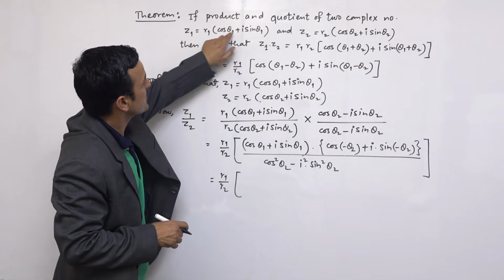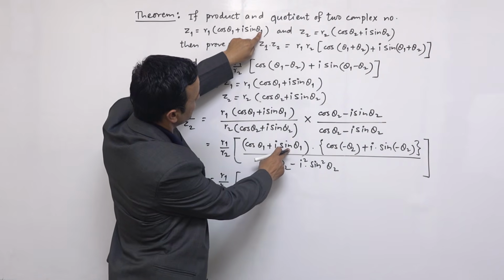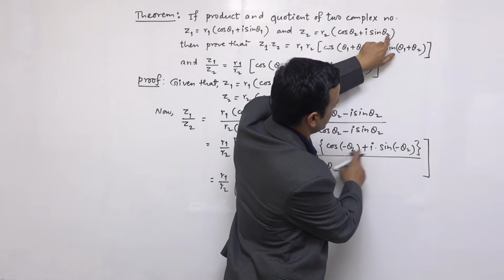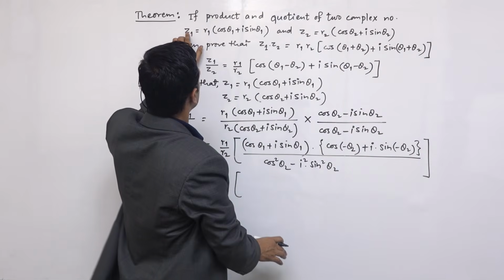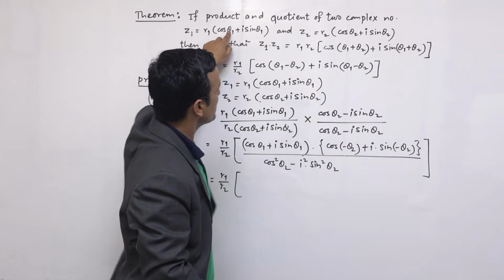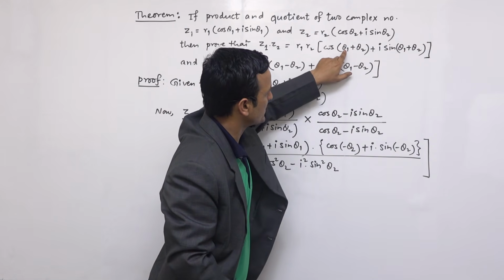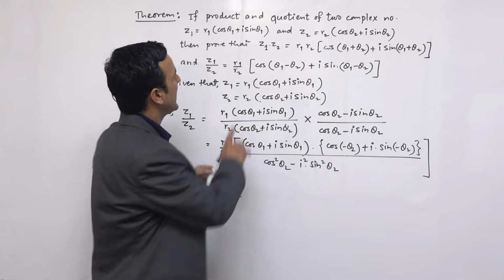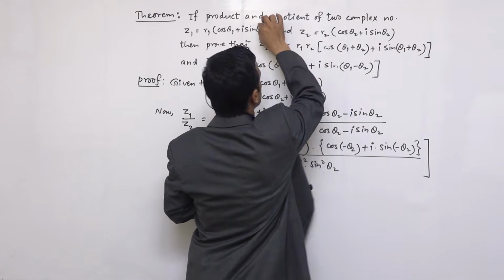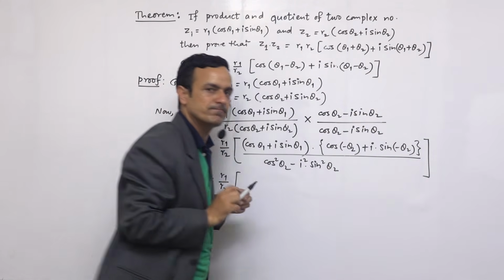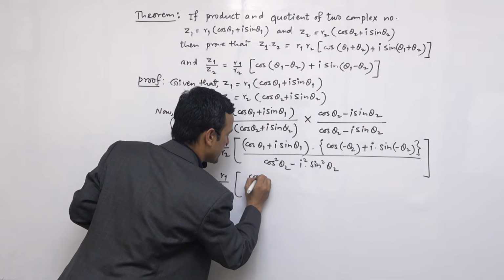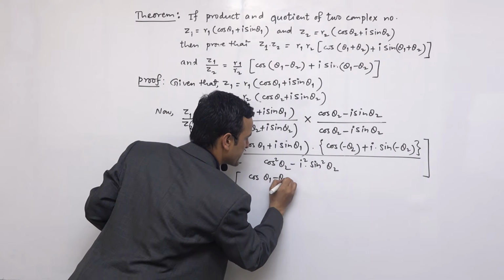cos theta 1 plus i sin theta 1 is the same, and R2 cos theta 2 plus i sin theta 2 is the same. When we multiply this and this, we get this term plus this term, so cos(theta 1 plus theta 2), and sin after multiplication gives sin(theta 1 plus theta 2). So write down this, and this means cos(theta 1 minus theta 2).